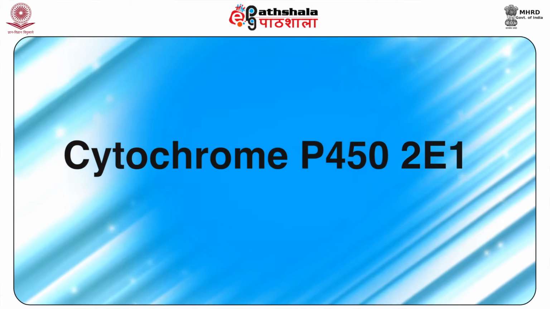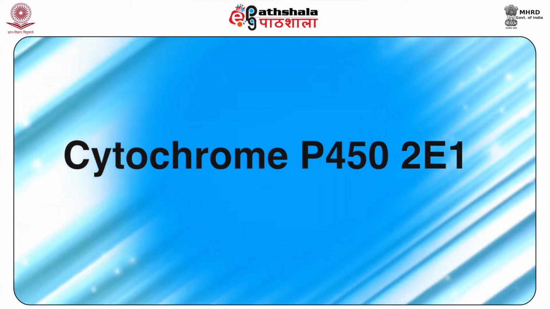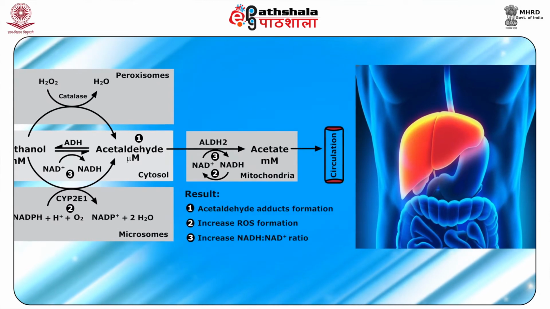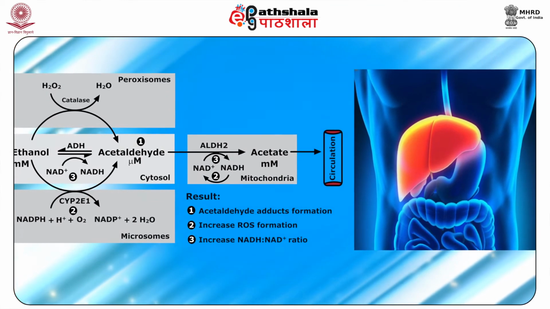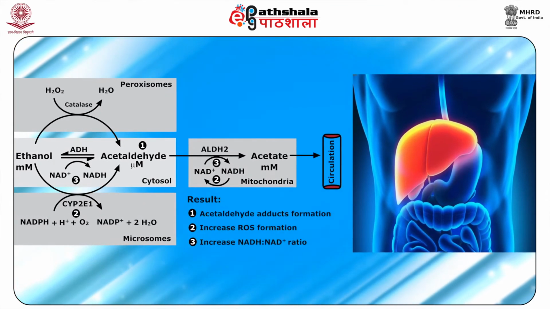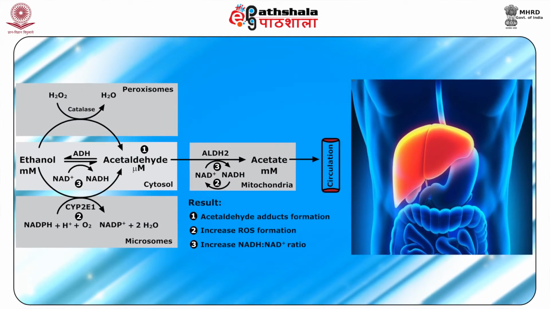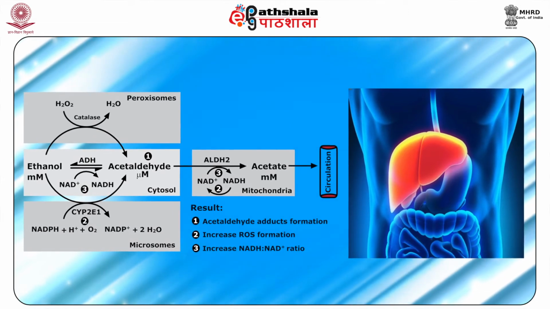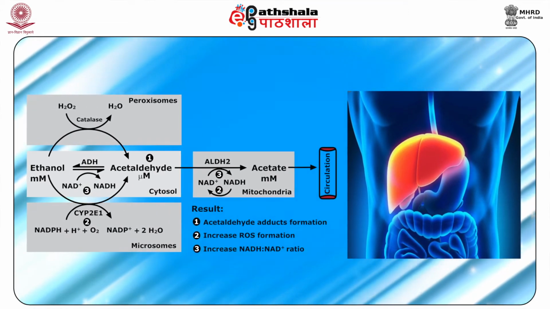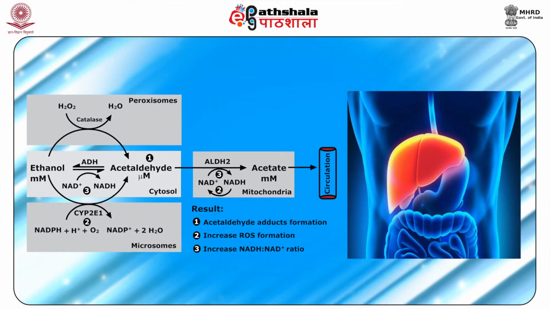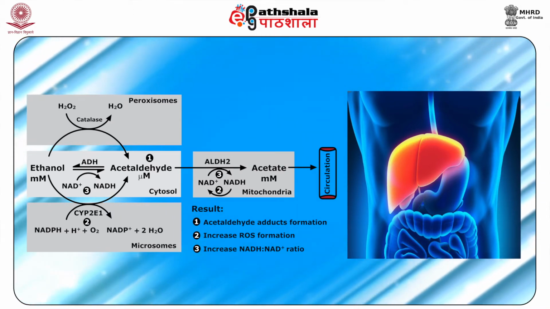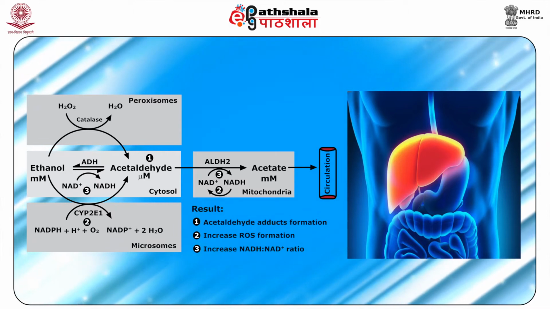Next, moving on to cytochrome P450 2E1. Alcohol dehydrogenase metabolizes nearly all consumed alcohol in social light drinkers in the same way as discussed. Contrary to this, cytochrome P450 2E1 becomes highly active in chronic heavy drinkers in metabolizing the alcohol.